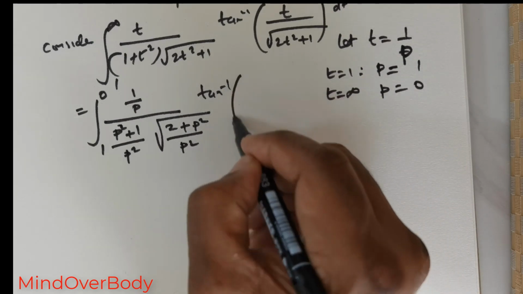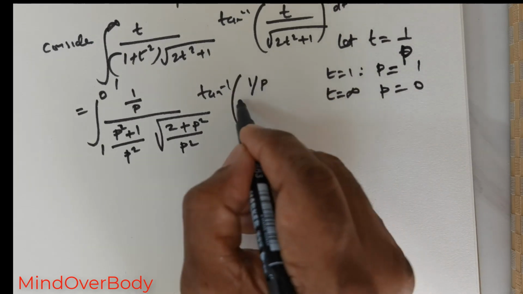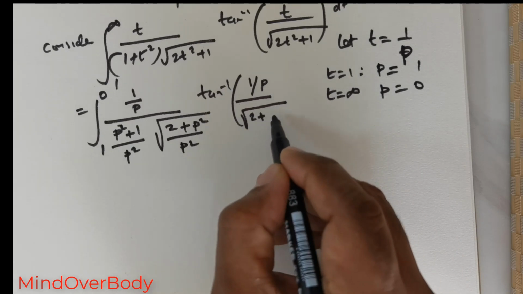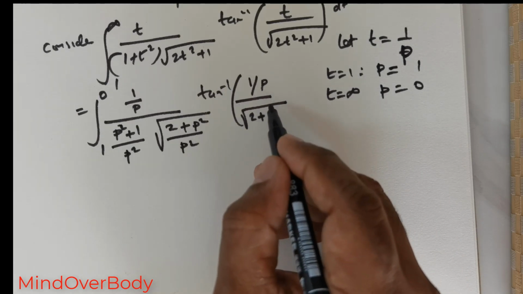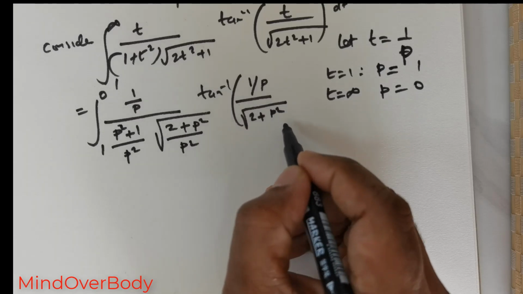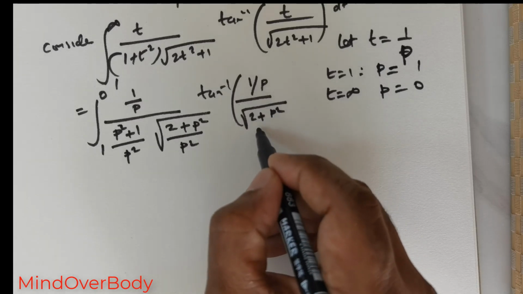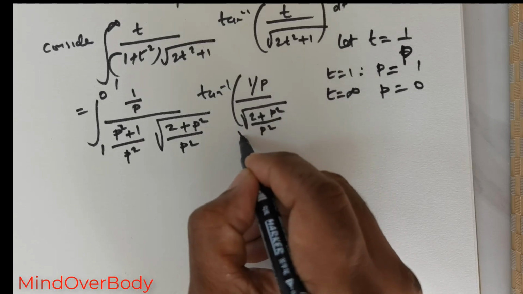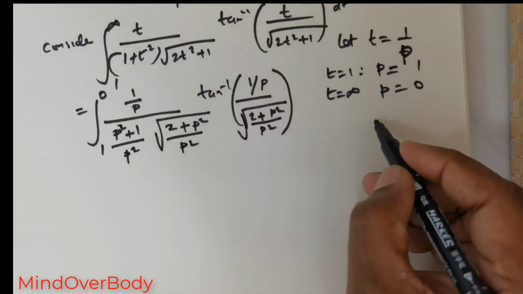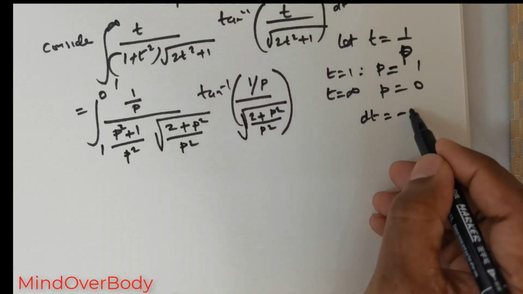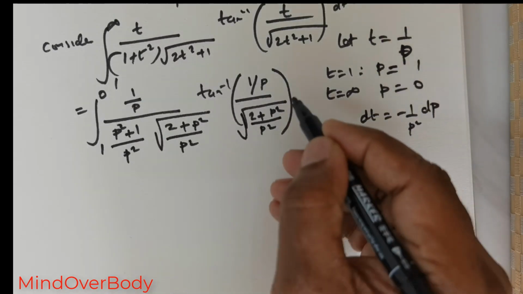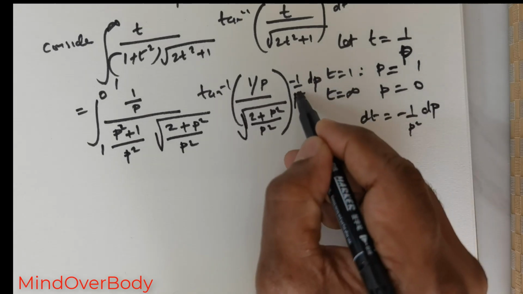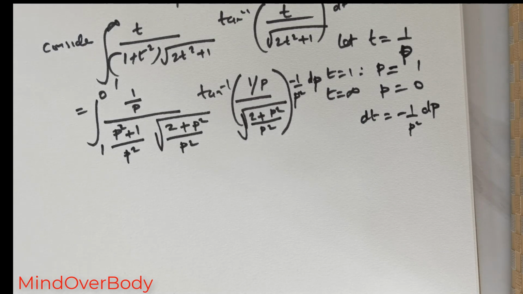Now I place 1 over p divided by root of (2 plus p squared) divided by p. So that p squared will be there, the root will flow all over. Now dt is negative 1 over p squared times dp. So that is the value that we have got.